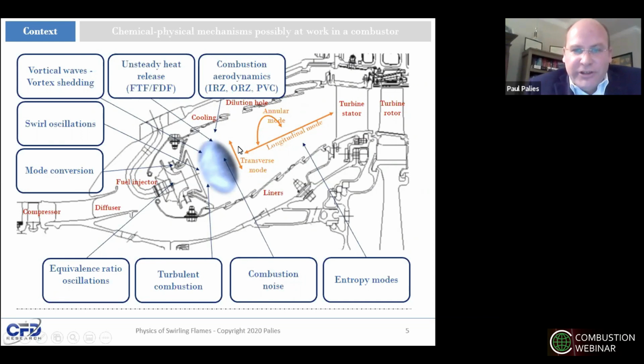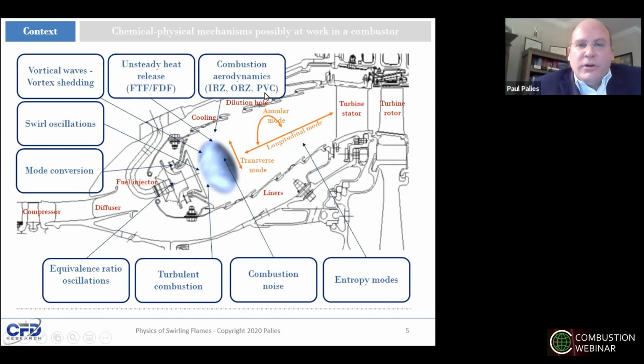In a combustion chamber, there are many chemical physical mechanisms. So there is the combustion aerodynamics with the inner recirculation zone that stabilizes the combustion, and the outer recirculation zone.